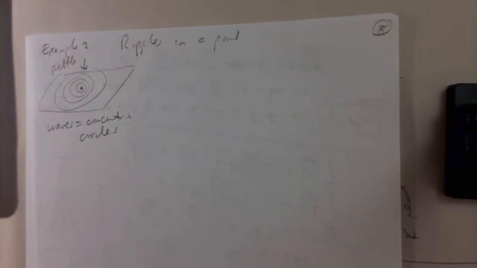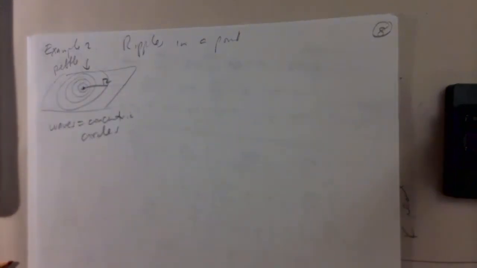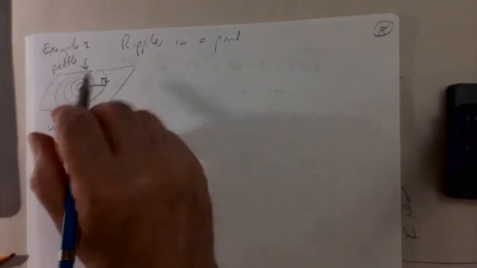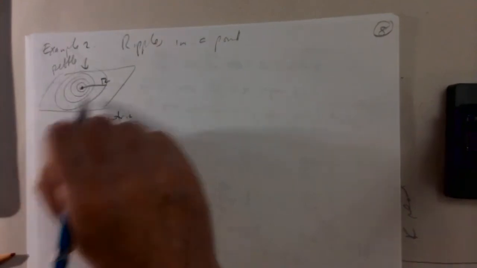I'm just going to read example 2 from the book so you can follow it better at home. A pebble is dropped into a calm pond, causing ripples in the form of concentric circles. The radius r of the outer ripple is increasing at a constant rate of 1 foot per second. So you drop in the pond, this ripple starts propagating outward.